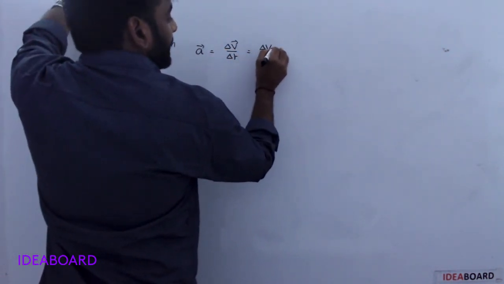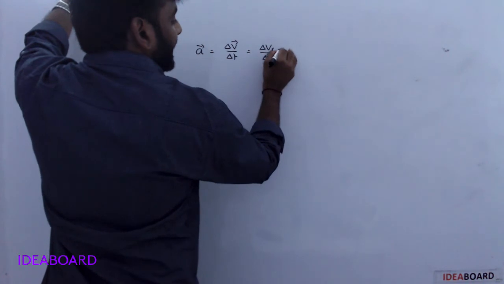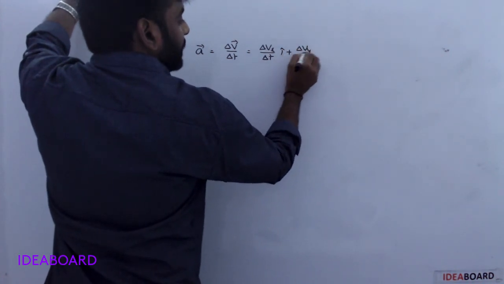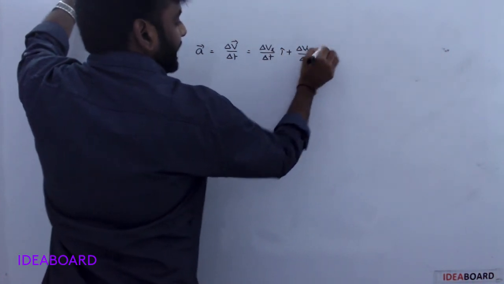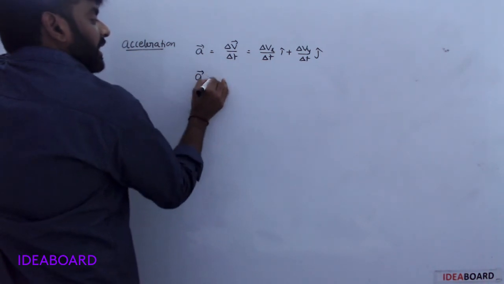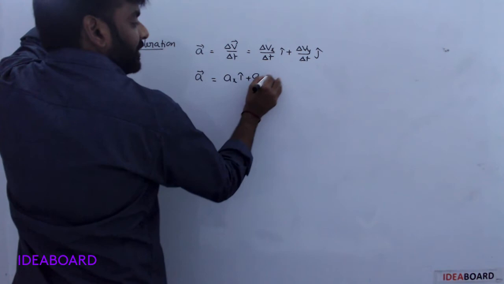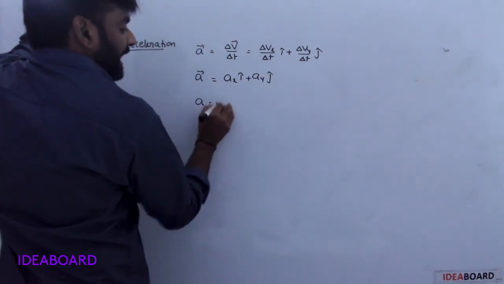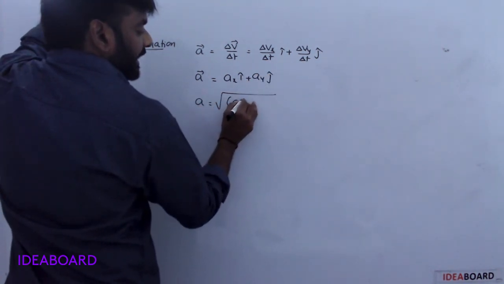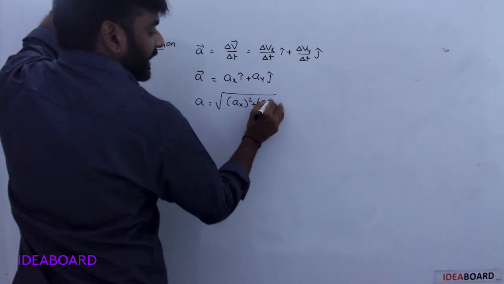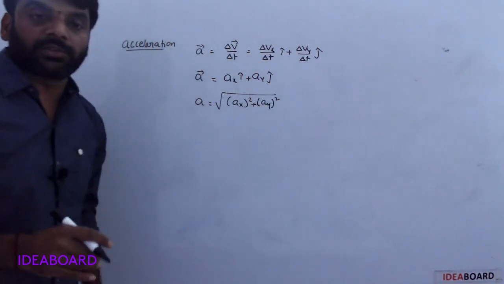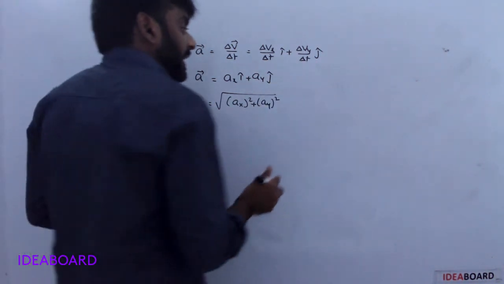That means delta vx by delta t i cap plus delta vy by delta t j cap. A bar is equal to ax i cap plus ay j cap. Magnitude is equal to square root of ax whole square plus ay whole square.